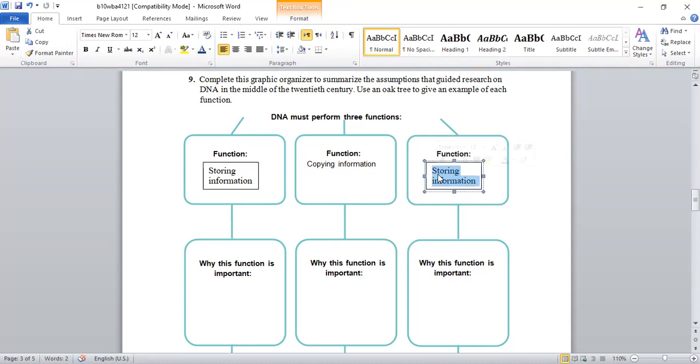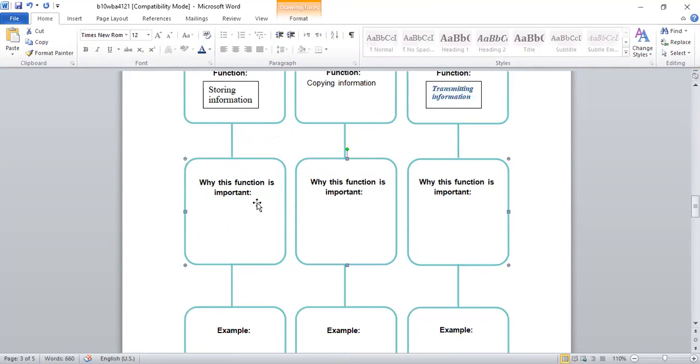Transmitting information. Thank you very much. Transmitting information. Why is this function important? The DNA stores the information that makes up genes that controls everything inside the cell.